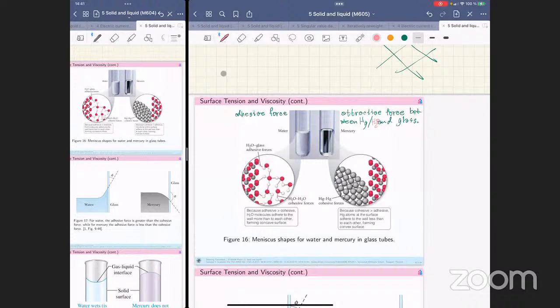And there is another type of force, which is called cohesive force.